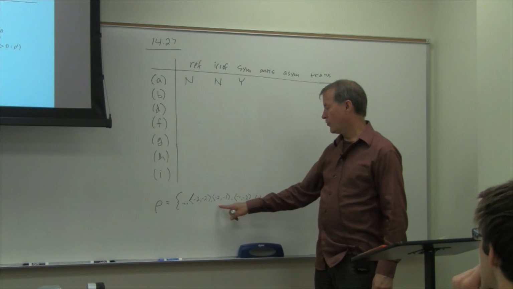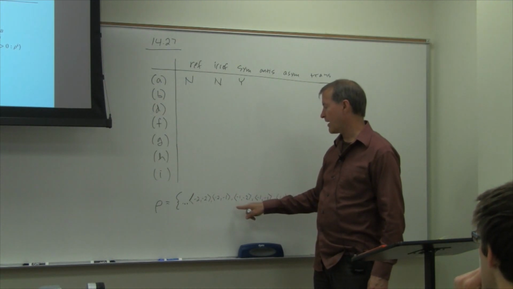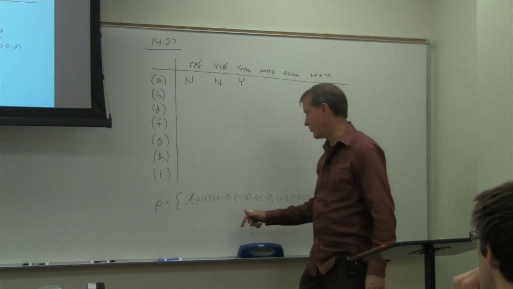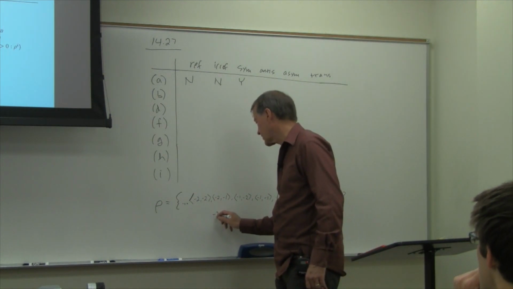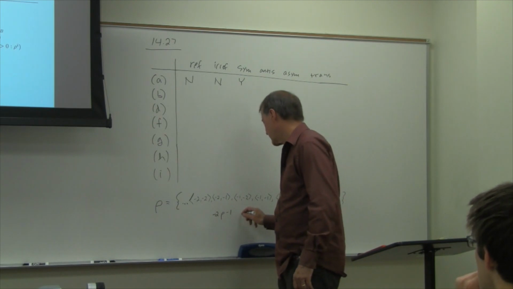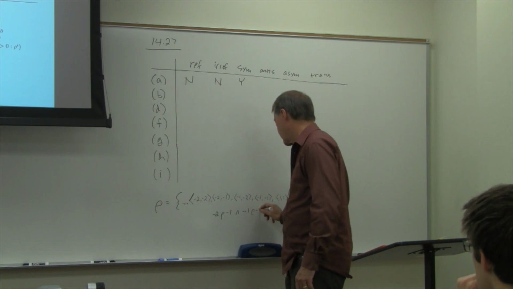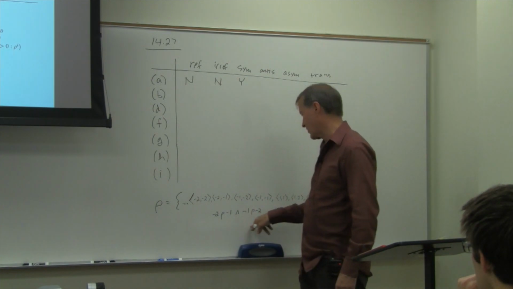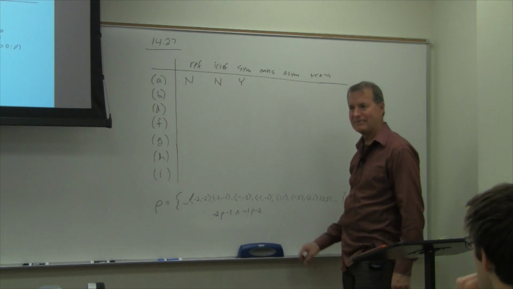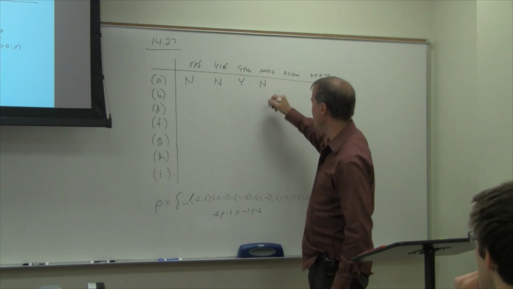We have -2 rho -1, and we have -1 rho -2, and -1 is not equal to -2. So antisymmetric is no.